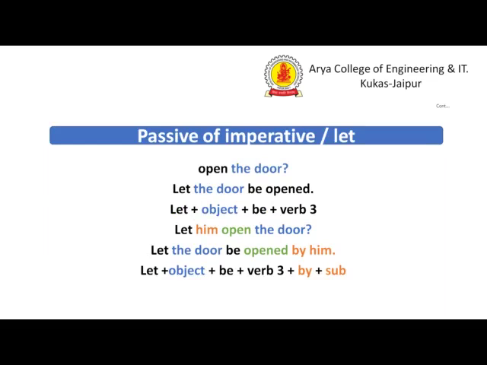Now the passive of imperative sentences. Here you can see the imperative sentence, which basically starts with "let." So "Open the door." Here you can solve the answer: "Let the door be opened." So what exactly is the rule we are applying? Let plus object plus be plus verb's third form.